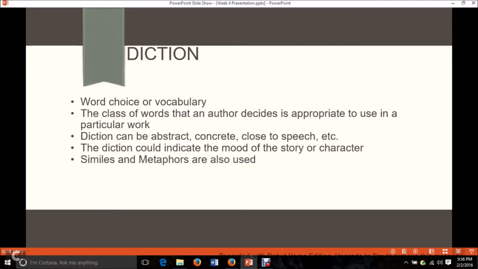Similes and metaphors are where an author utilizes connections through comparisons. A simile uses a comparison with like or as, and a metaphor does not use like or as, but these are comparisons that are made, and the purpose of them is to help the readers make connections to things that they may not actually have experience with.